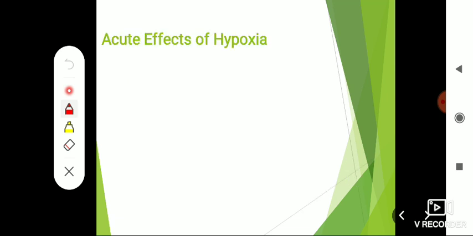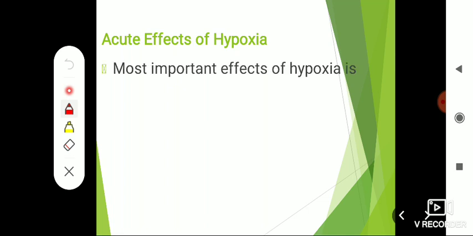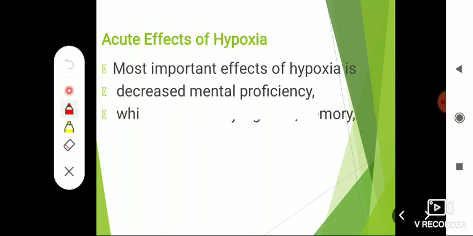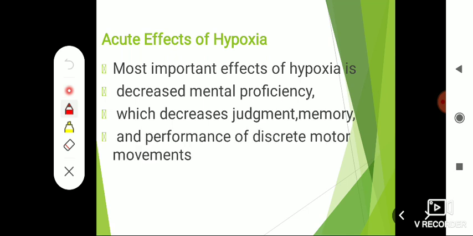Now, what are the effects of hypoxia? If oxygen is not reaching the tissues, what are the effects? The most vulnerable organ or cell to hypoxia is our brain. So there is decreased mental proficiency, which decreases judgment, memory is affected, and performance of discrete motor movement is affected.